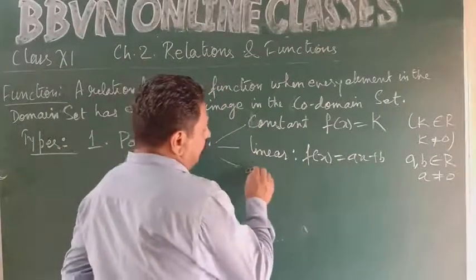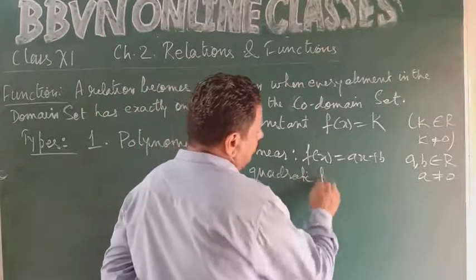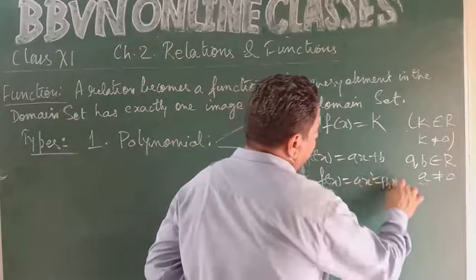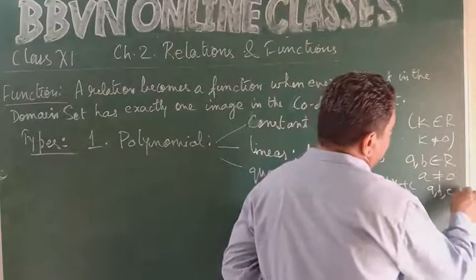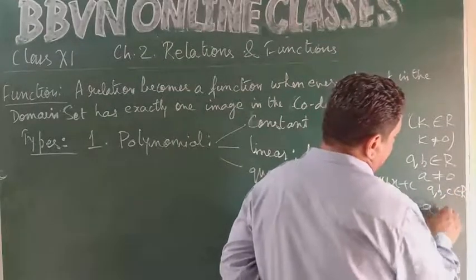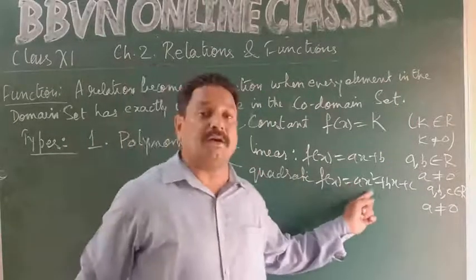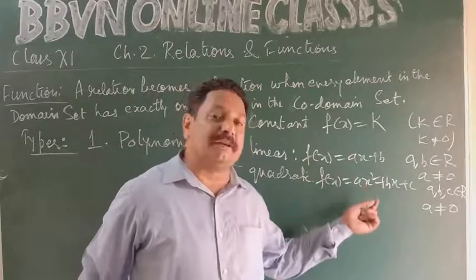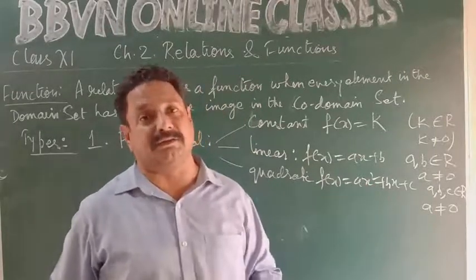You have quadratic polynomial. f of x equal to ax square plus bx plus c. a, b, c are real numbers and a is not equal to 0, because if a becomes 0 you will not have the term containing x square. In that case, since you don't have x square, how can you call that expression a quadratic expression?